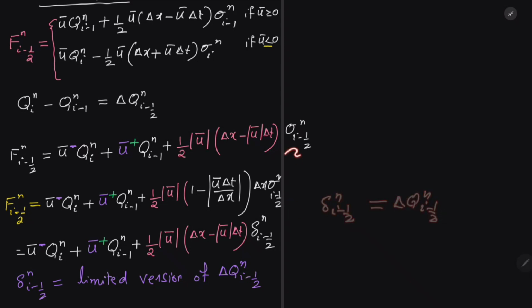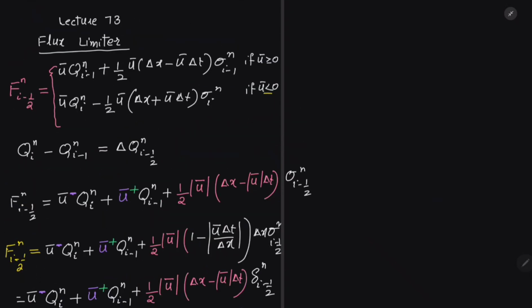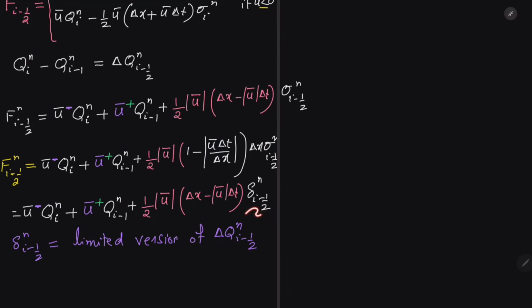So changing the slope means we get different methods. So for the flux, we replace with this delta_{i-1/2}. Okay. So variation in delta gives you different numerical methods like Lax-Wendroff and so on.